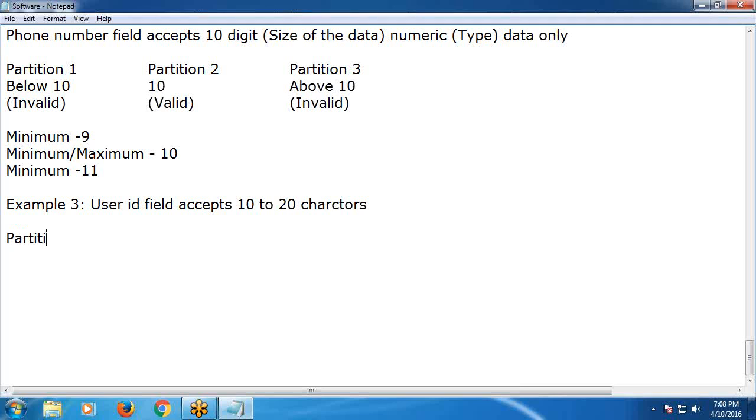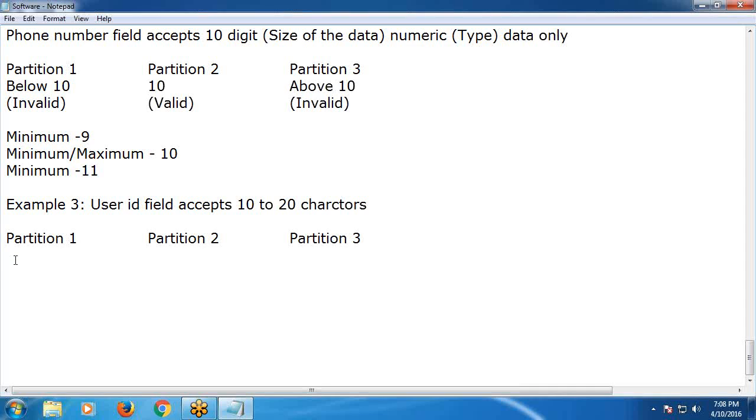First, partitions. Boundary value analysis is an extension of equivalence partitions. Suppose partition 1, partition 2, next partition 3.